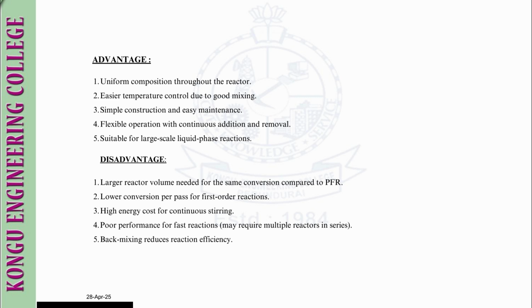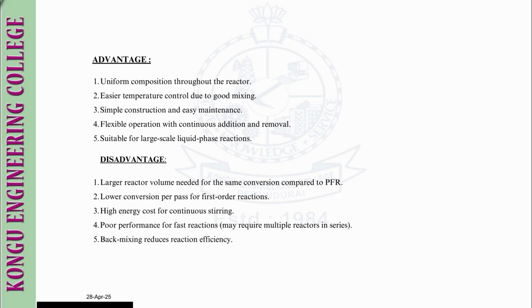Third, the construction is simple and maintenance is easy, reducing overall operational challenges. Fourth, it offers flexibility in operation, allowing easy addition of reactants and removal of products. And fifth, a CSTR is highly suitable for large-scale liquid phase reactions, making it widely used in industry.